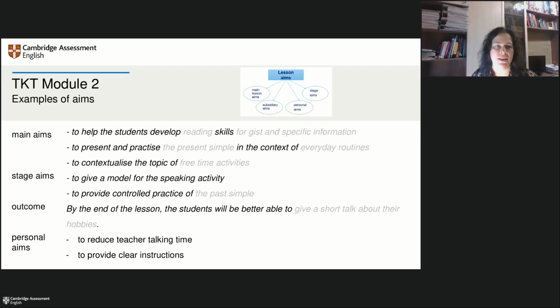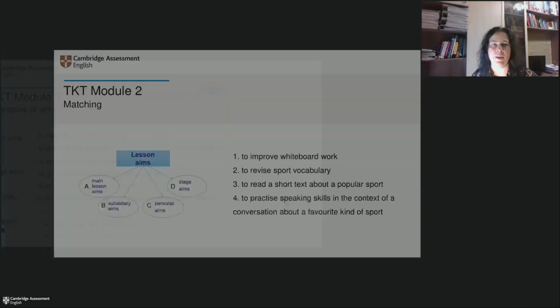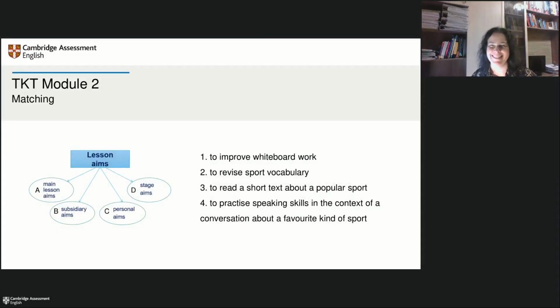Now have a look at this task and tell me what the type of the task is. So can you see the type of task here? Yes, it is matching. Well done. So let's match the examples to the types of aims.